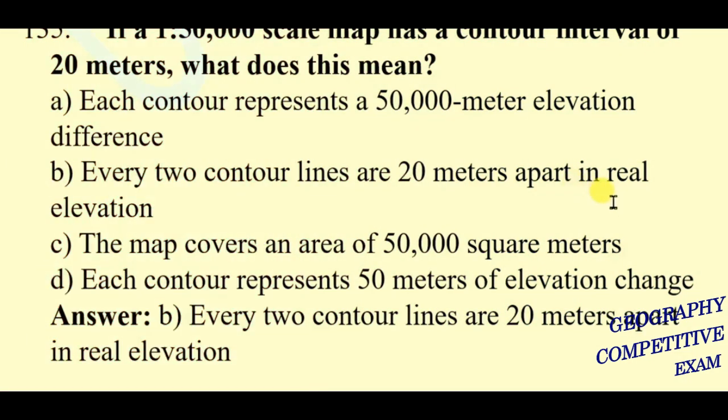The map covers an area of 50,000 square meters. Each contour represents 50 meters of elevation change. Here the right answer will be every two contour lines are 20 meters apart in real elevation. Here the scale does not matter. What matters is the 20 meter contour interval.